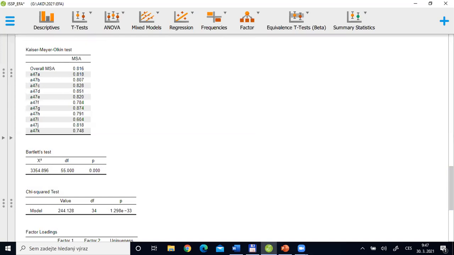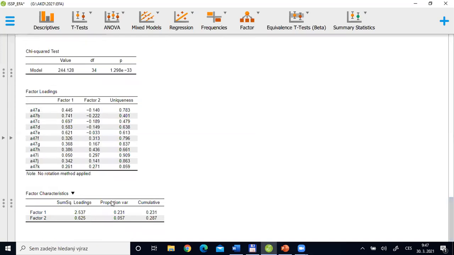So once again, the last output is trying to say what is the proportion of variance explained by the first dimension and by the second dimension. So we can see that the first dimension is a very, very strong one. Nearly 1/4 of the variance of the original 11 variables is described by the first dimension, the first factor.